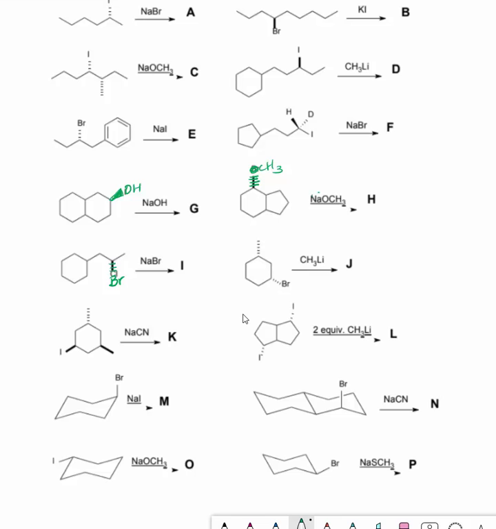For J, we need to identify this nucleophile. Now here we have the lithium again on the right, which is a little aberration from what we learned in general chemistry. We usually put the metal on the left. But here we have this methyl anion, and it's going to attack the electrophile. Where is the electrophile? Well, the electrophile is going to be the carbon that has the heteroatom. This is a methyl group.